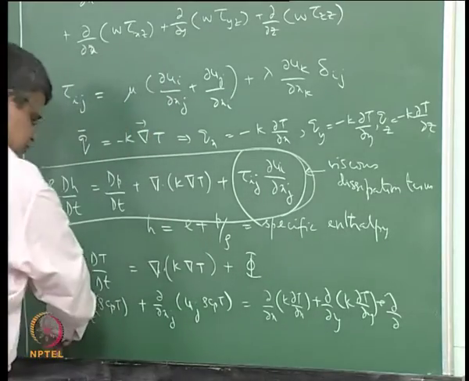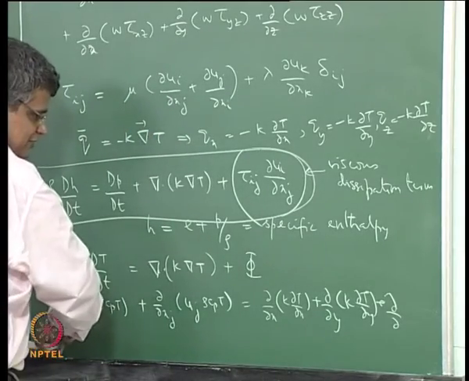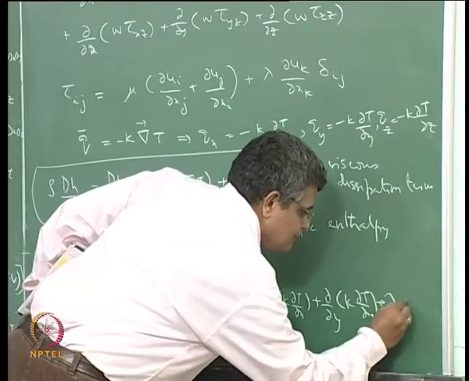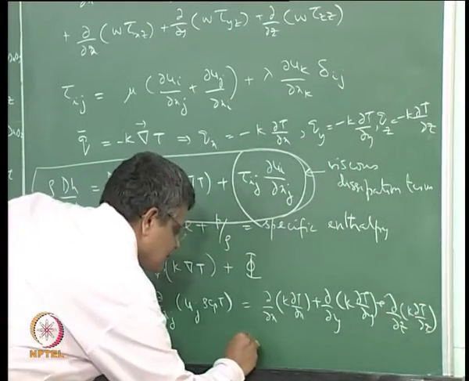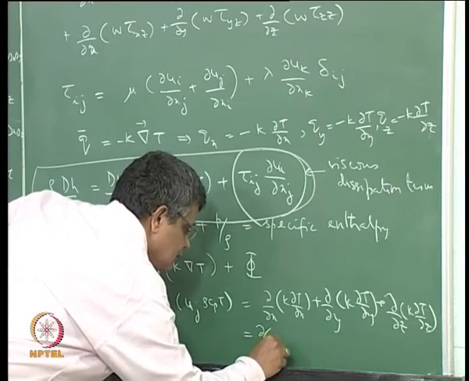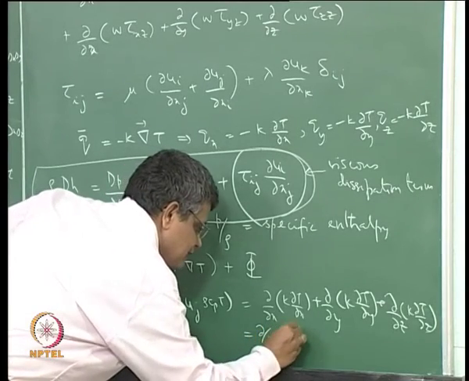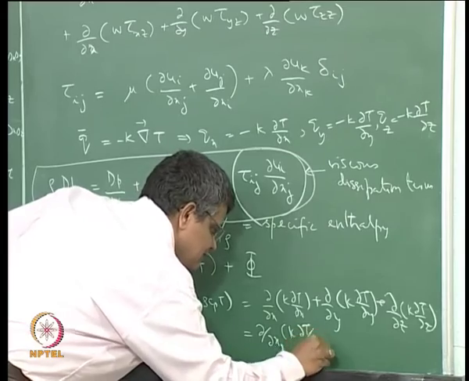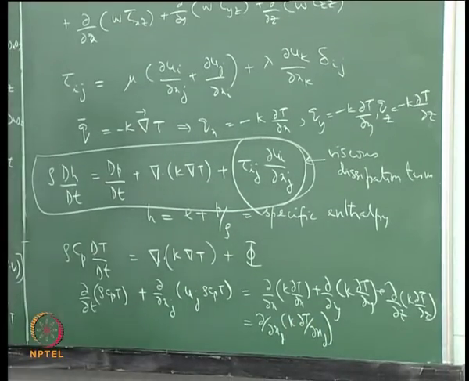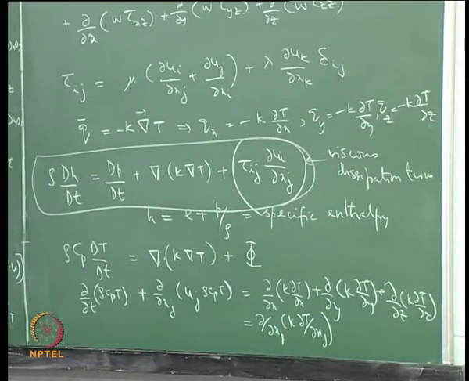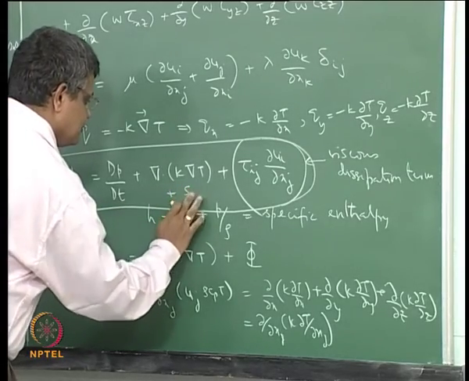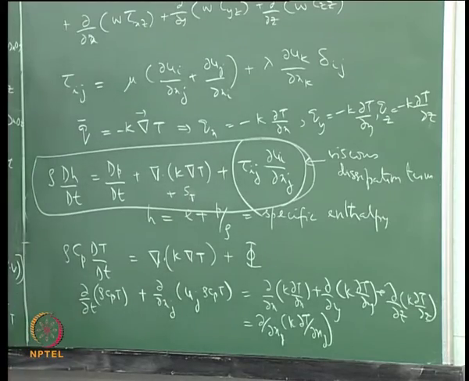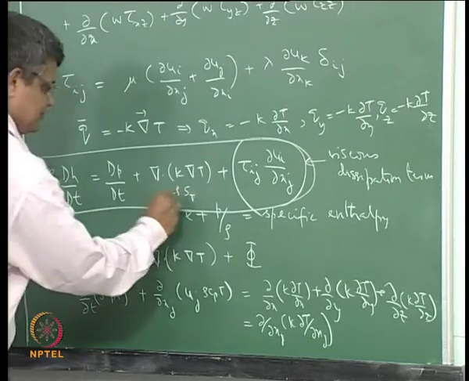We can make use of the index notation. And of course we have left out the source term, S_T, here, ρ S_T.